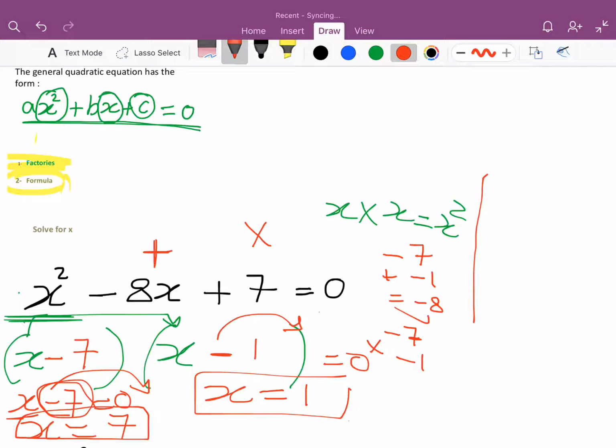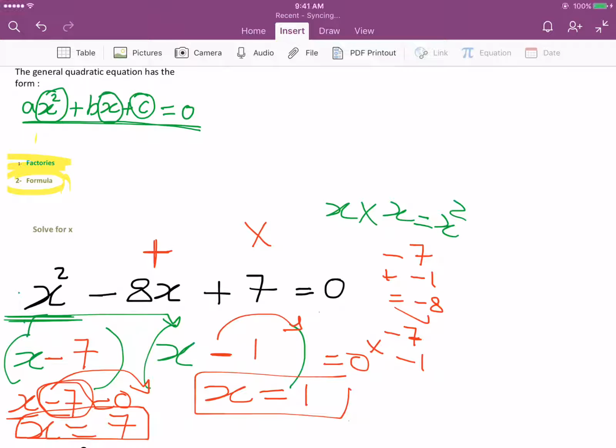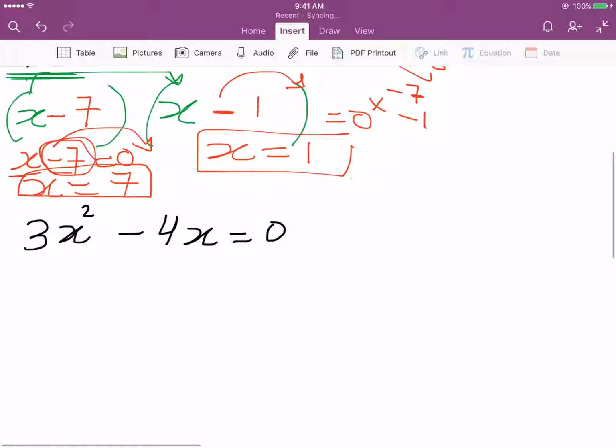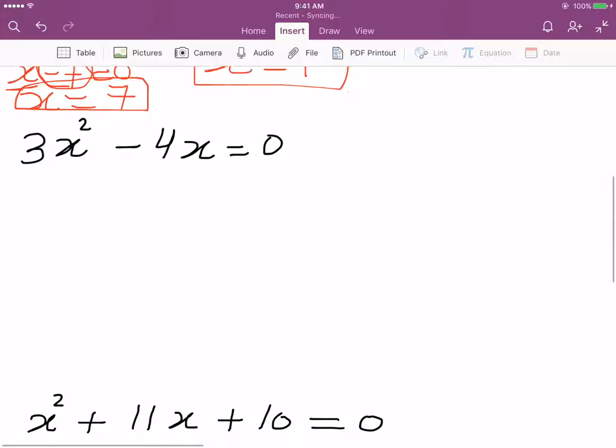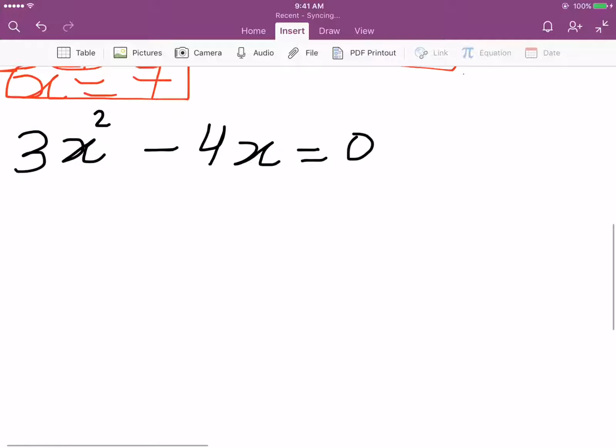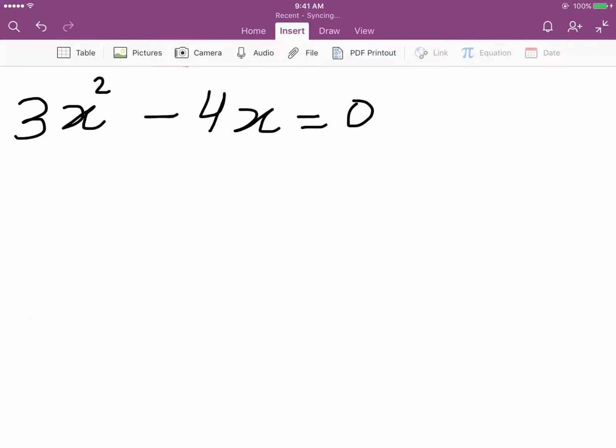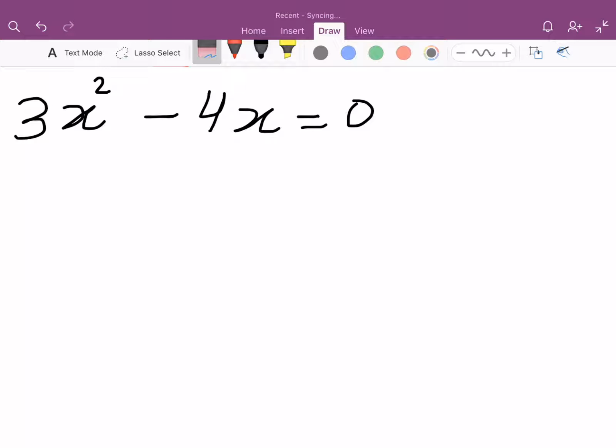Moving on to another equation. Here I don't have a c. I have only a and b, but I don't have any constant.